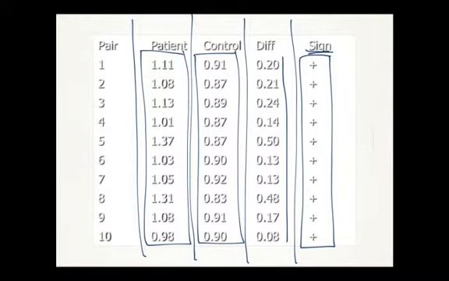So, can we calculate a p-value for this sort of situation where 10 out of 10 were positive signs? All of these turned out to be positives. Can we calculate a p-value for this situation? And it's always important and helpful to remember the definition of a p-value.